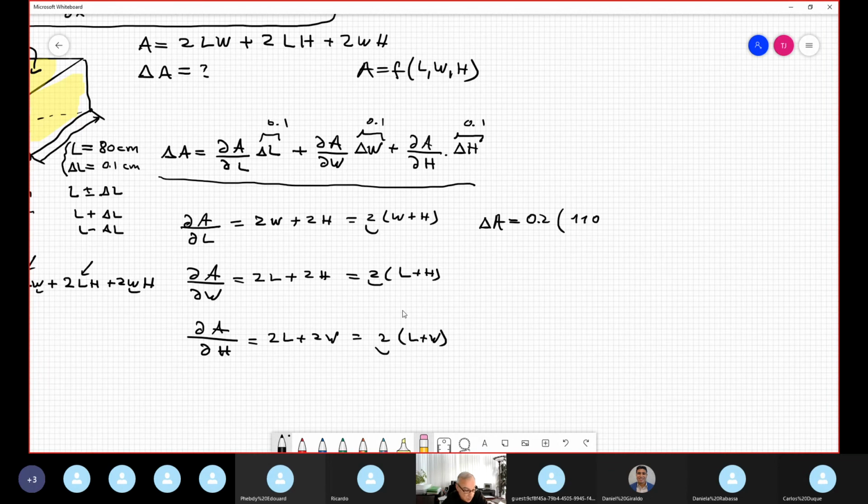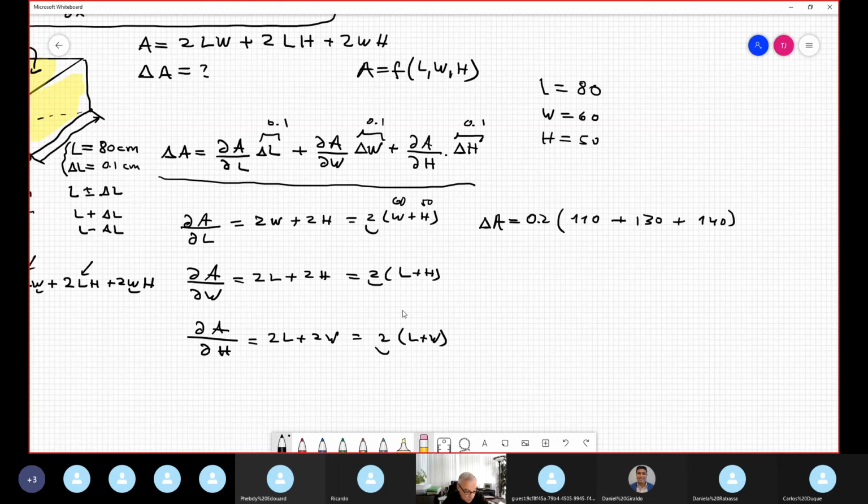The dimensions at the beginning were L equal 80, W equal 60 and H equal 50, centimeters. So I did that part: 60 and 50 is 110, plus 130. Sorry, I didn't close the parenthesis, I didn't finish. Plus 140, no? 140 is this plus this.